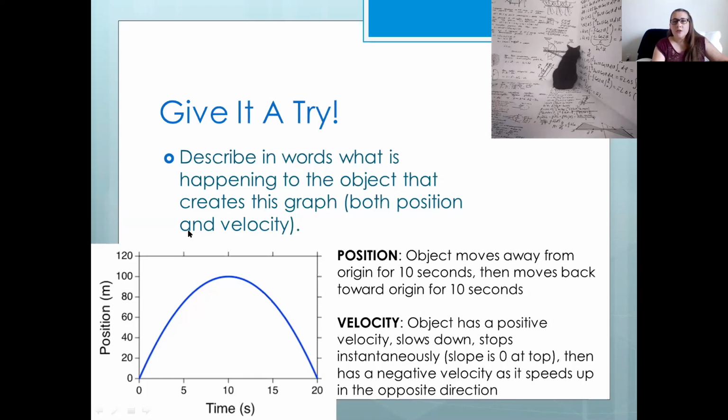I would caution you guys though about just looking at the shape of the graph and thinking that, since it looks like a vertical curve like that, it must be somebody throwing a ball up in the air, then it lands on the ground.